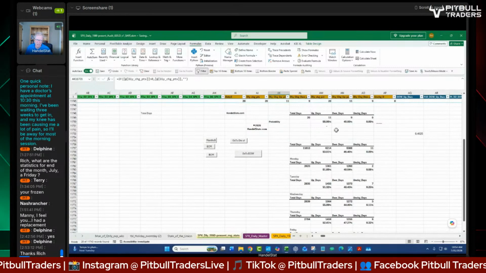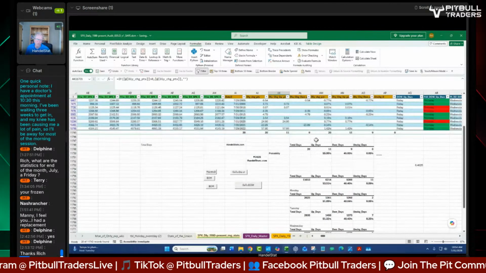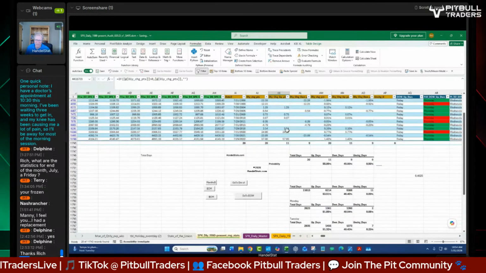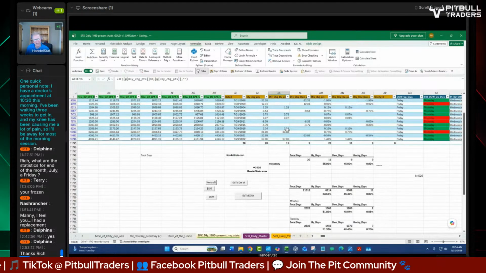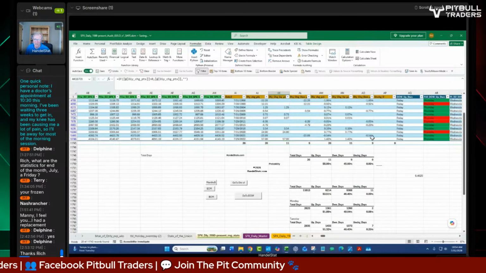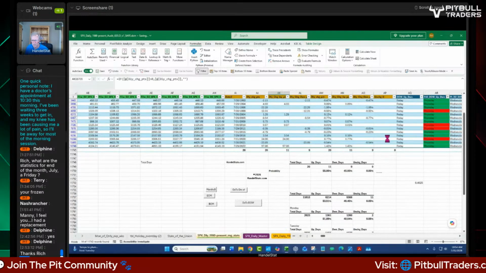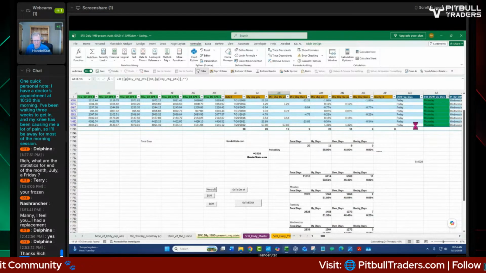It's up 11, down 9, but that's small. Unless it's really skewed one way or the other, I don't look to see what's going on. And yesterday was a big up day, right? So let's see if the prior day being up has an effect on it. So we can go here and see if that changes anything.